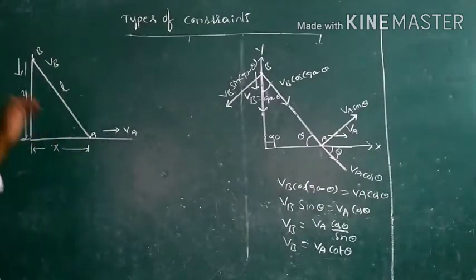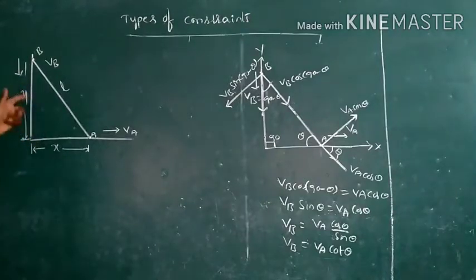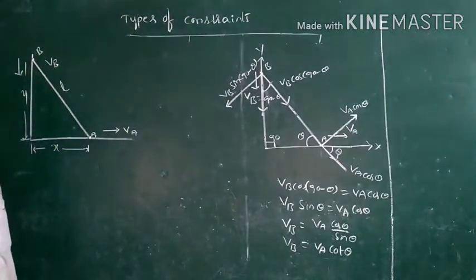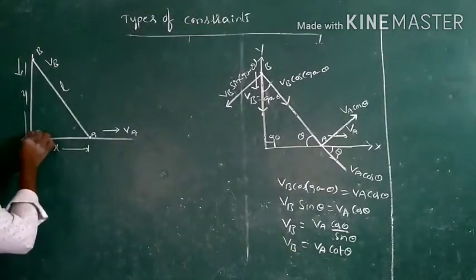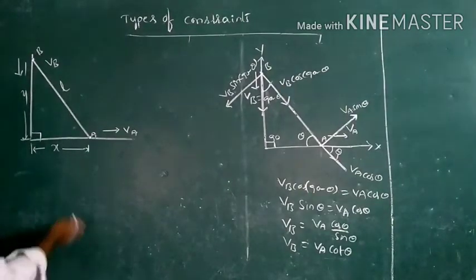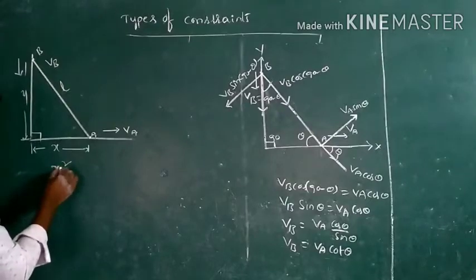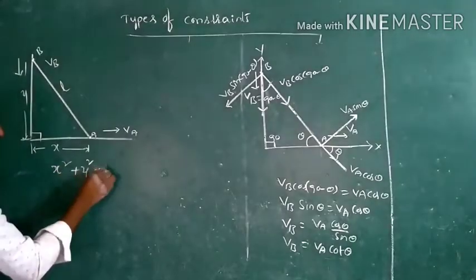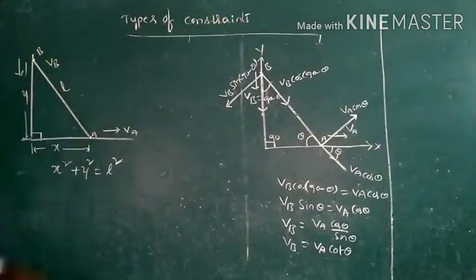So x changes and y also changes, they are variables, but the length of the rod remains constant. Let us see here. According to the Pythagoras theorem for the right angle triangle, x square plus y square equals L square. Here L square is nothing but a constant.